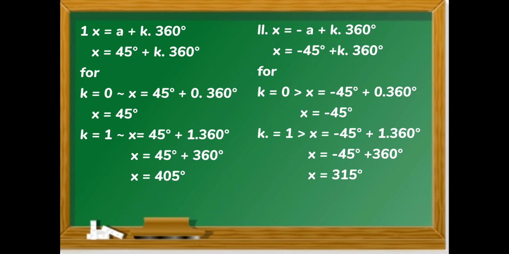We try k equals 1, x equals minus 45 plus 1 times 360 degrees, x equals 315.